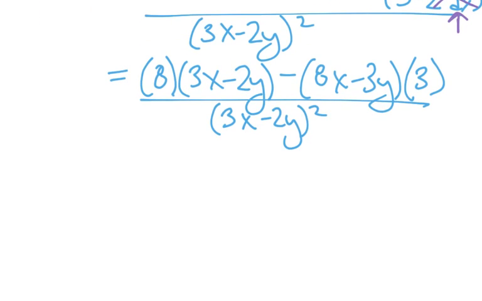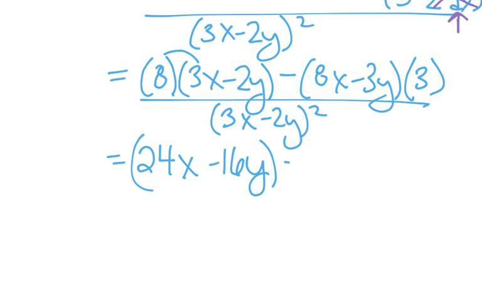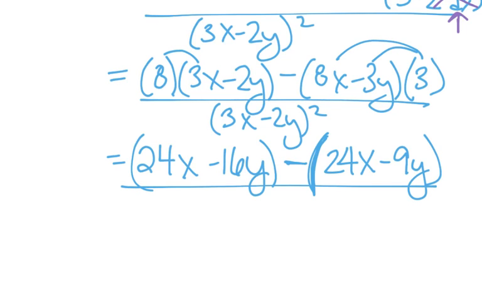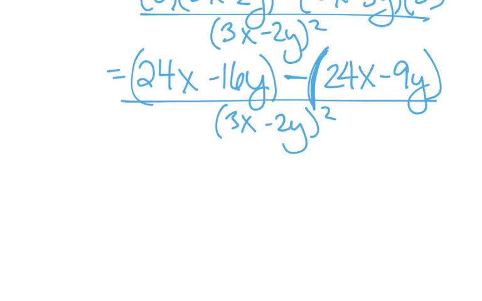All right, now I can start distributing. So I have 24x minus 16y. Then distribute the 3. I want to make sure that I put my parentheses here because there's a negative out front. So I get 24x minus 9y, all of that over g squared. Okay, so looking at this, I have a 24x minus a 24x.